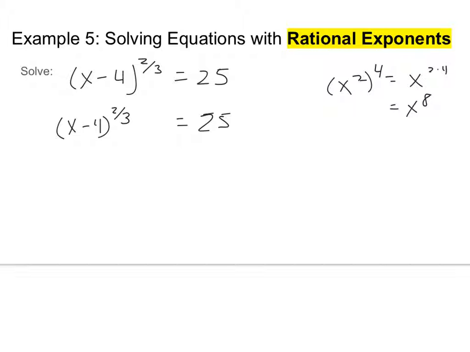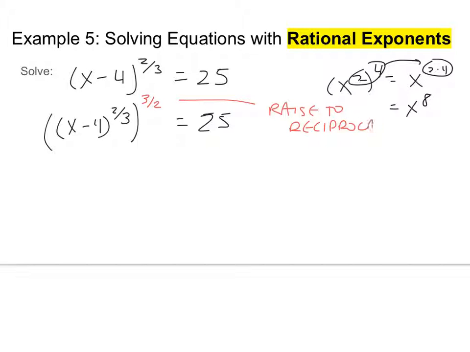Why is that important? Well, right here when we multiplied the exponents, it was power to a power, means multiply exponents. And so if I have this 2/3 power, something I can do is I can raise that to the reciprocal power. And then I'm going to multiply those, and the exponent then essentially becomes 1.